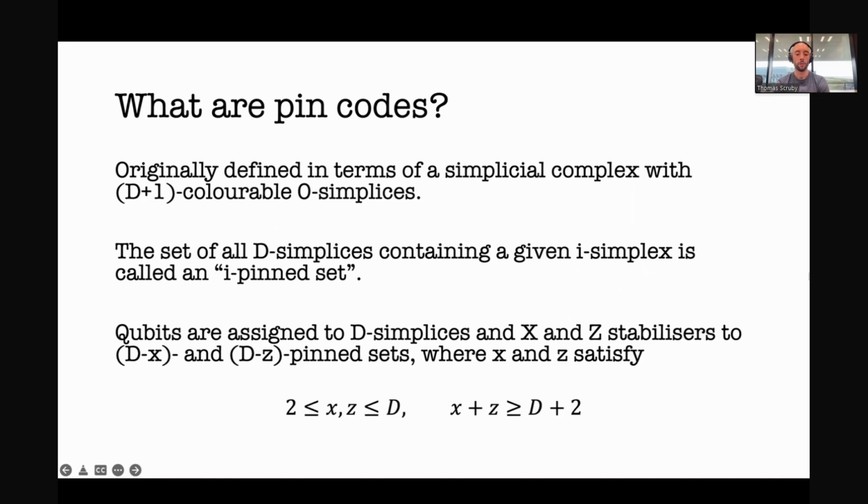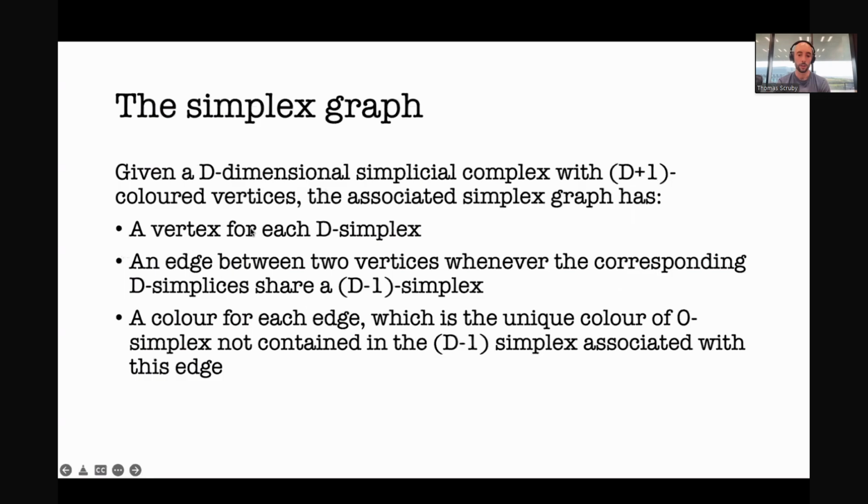And then you assign your x and z stabilizers to what they call d minus x and d minus z pin sets. And a pin set is just: I pick some i simplex, and then it's the set of all the d simplices that contain this i simplex. And then you call this an i pin set. So I can give you some example here.